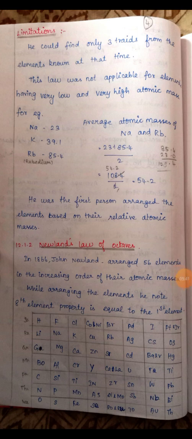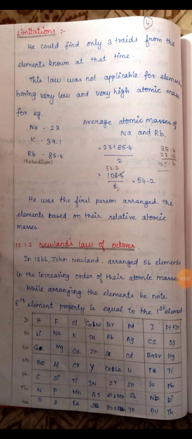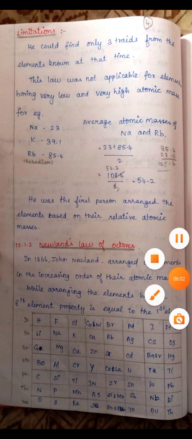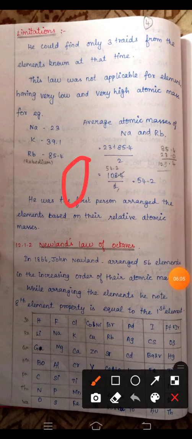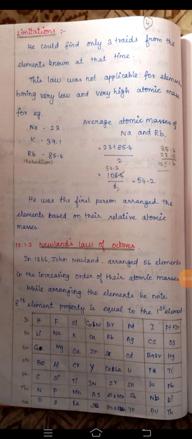In 1866, he arranged 56 elements according to the increasing order of their atomic masses. In this law, he says that the eighth element's property is equal to the first element's property. After the discovery of argon and neon, some inert gases, the ninth element's property is also similar to the first element's property.